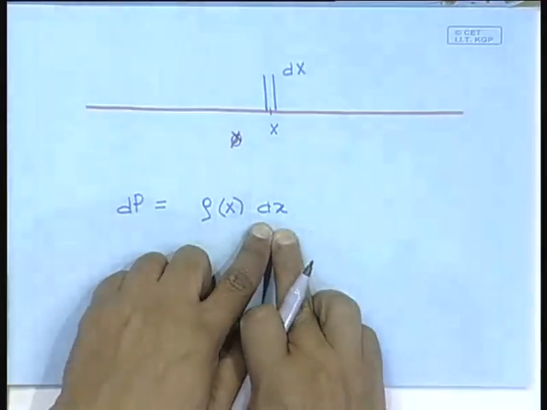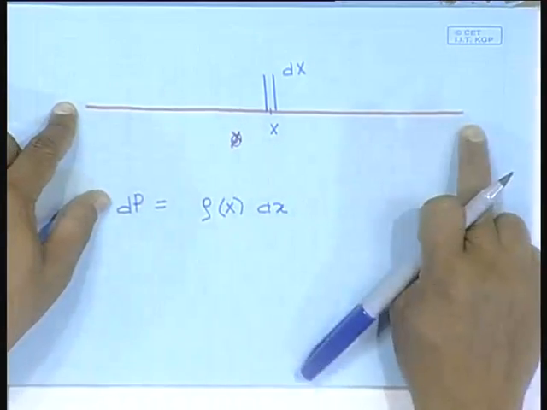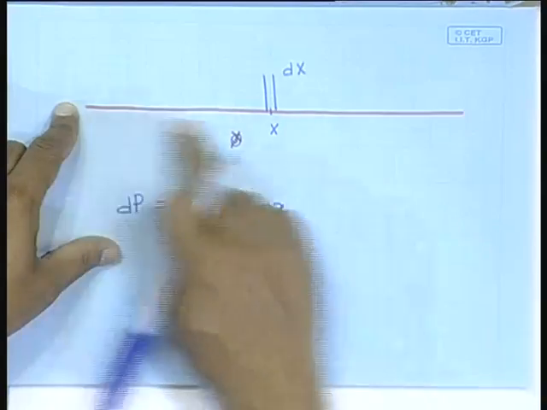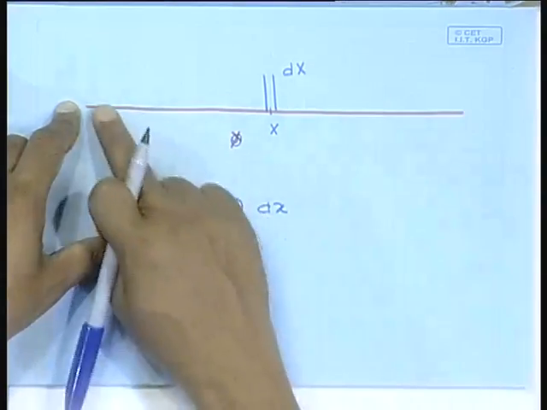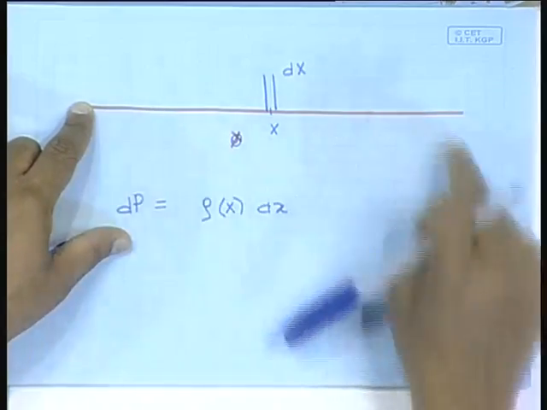So, in general, when a particle's position is random, x is a random variable which can have any real value.